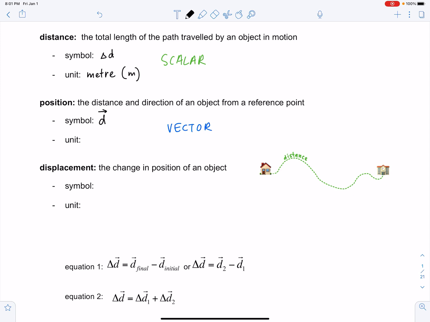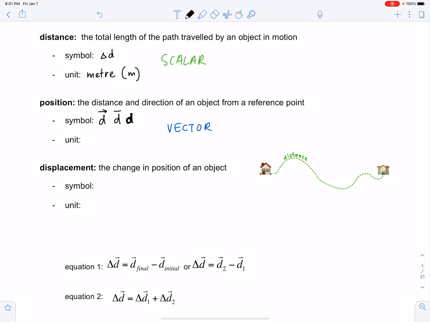and a direction. Another way to denote a vector quantity is by just having a straight line on top of the symbol. So we could also write position like this, D with a straight line. Some textbooks will denote vector quantities as a bold letter.